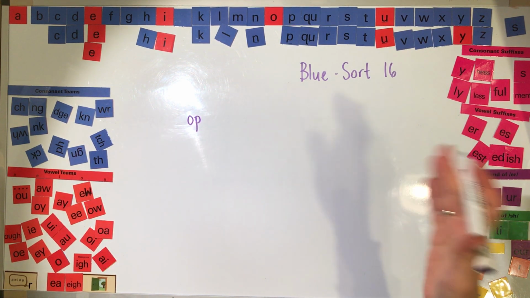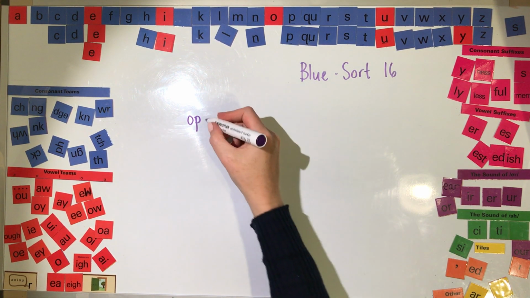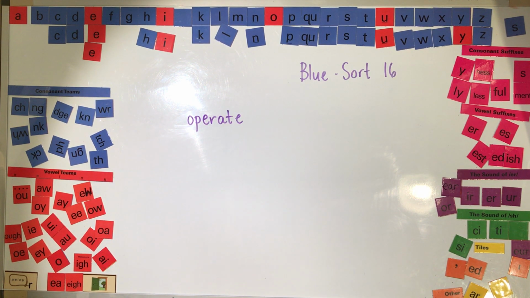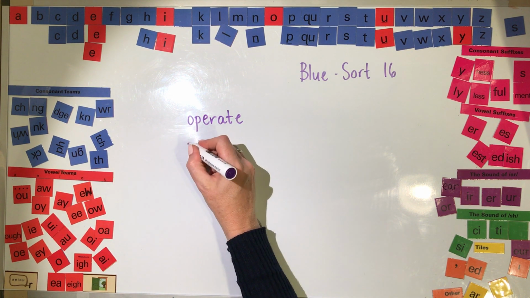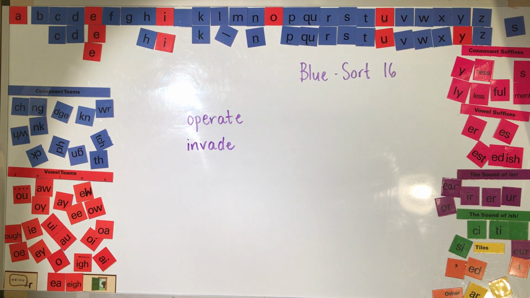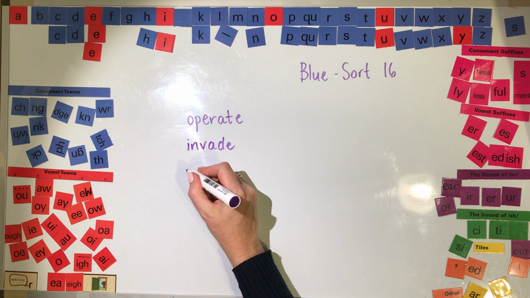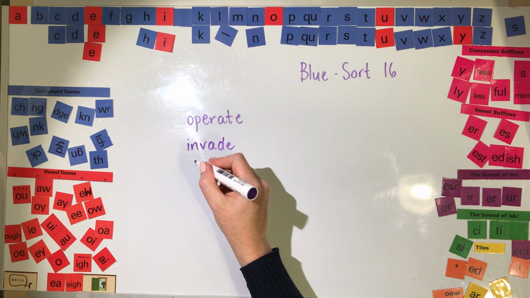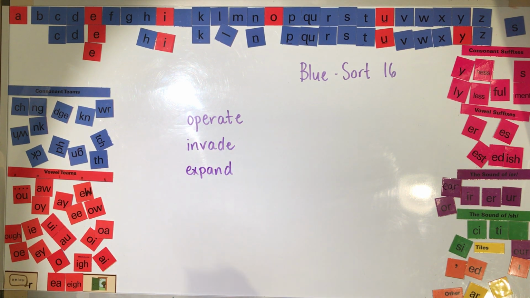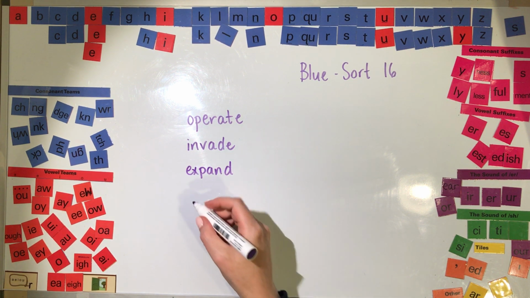Okay, and we're going to add ION, and you may know just because you've used these words before. So operate, invade. These are 4 of your list words this week. We've got expand, and let's do decorate.